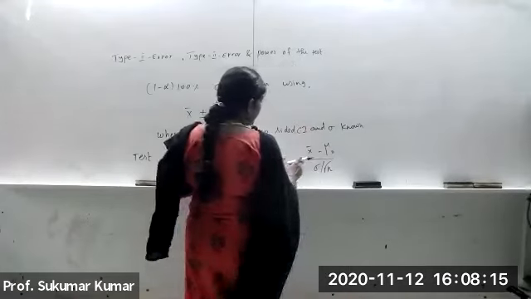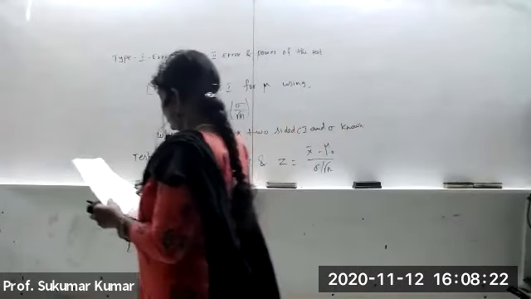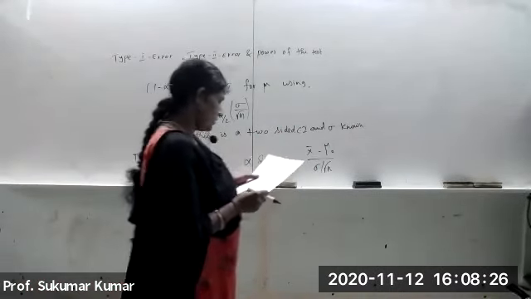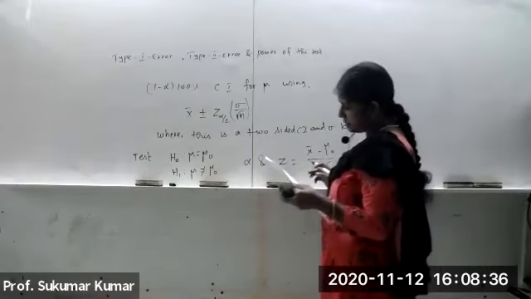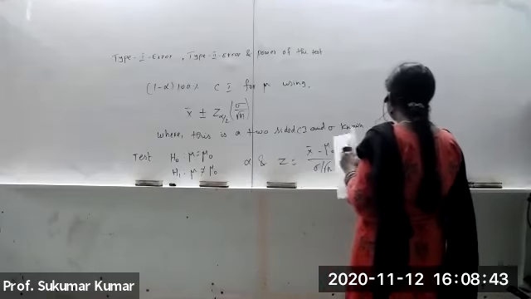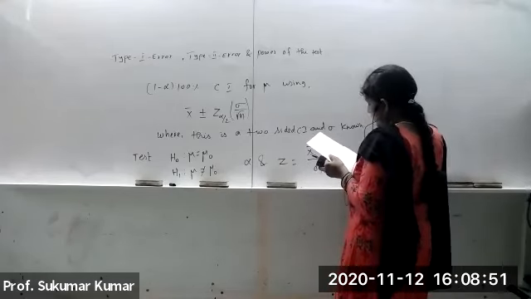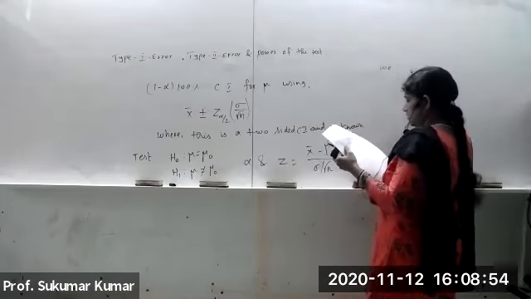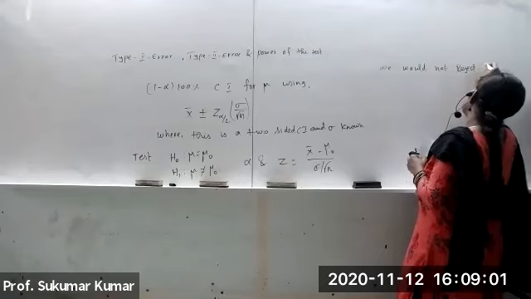Then the confidence interval will be made up of all values of mu naught for which we would not reject the null hypothesis.